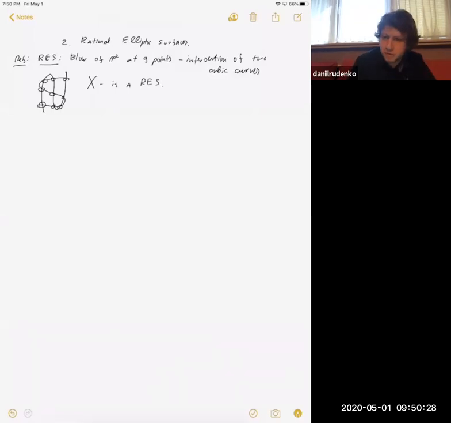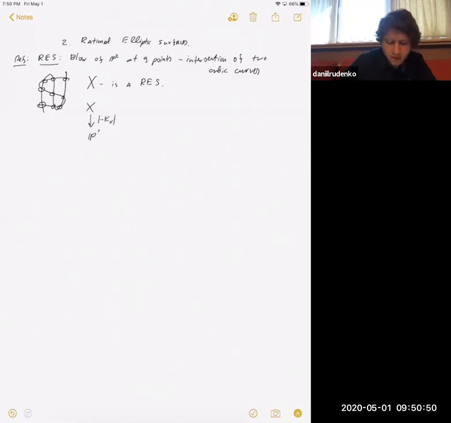The main feature of rational elliptic surfaces is that they are smooth, projective, complex 2-dimensional surfaces. The main feature of this object is that there is a map from X to P1, which is given by the anticanonical pencil.